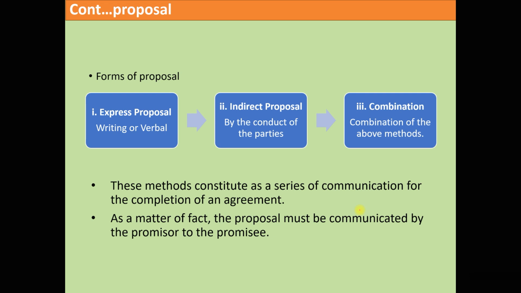It is made only, for example, by conduct of the parties, or sometimes it can be a combination of the above methods. It can be writing and conduct, or verbal and conduct. That's why sometimes the court will examine the facts of the case to analyze or to determine whether there is a contract or not.